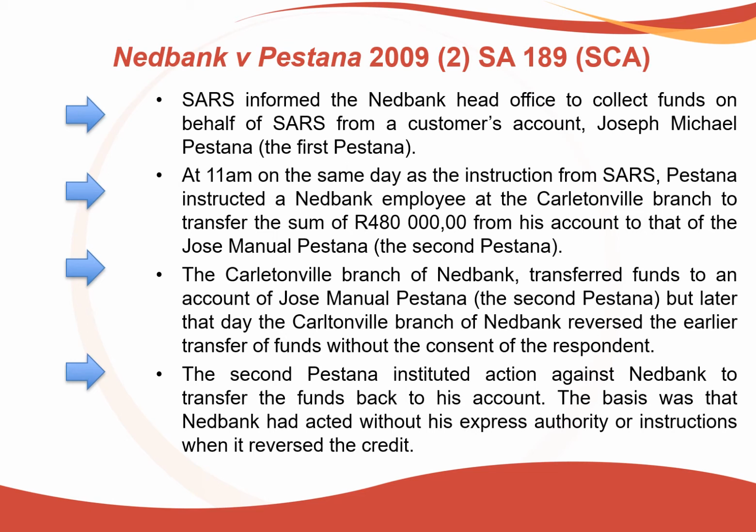SARS informed the Nedbank head office to collect funds on behalf of SARS from a customer's account, a Mr. Joseph Michael Pestana, who I will refer to as the first Pestana. The first Pestana owed SARS more than 340 million rand, and he had an account with Nedbank with a credit balance of nearly 500,000 rand at that time. At 11 a.m.